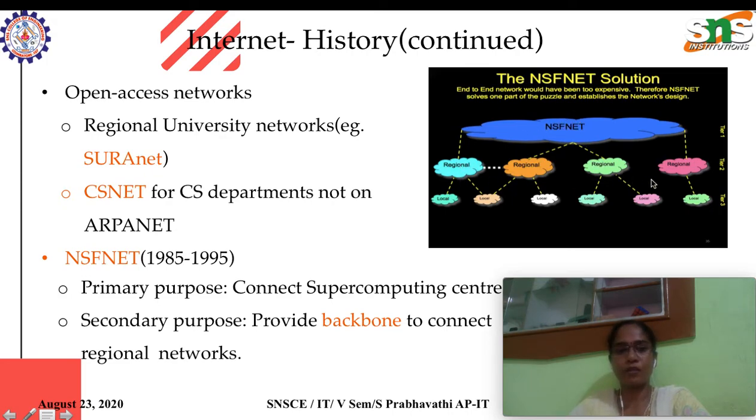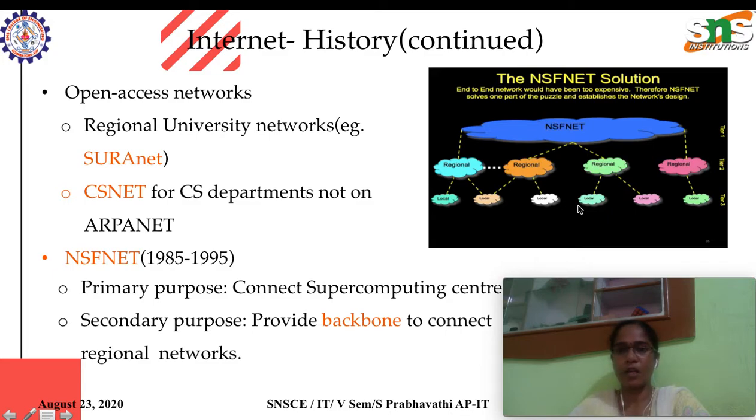The main purpose of NSFNET is to connect the different regional networks, so as to share information over a wide area. So that connects the supercomputing centers. The secondary purpose of NSFNET is that it provides the backbone for the other networks.